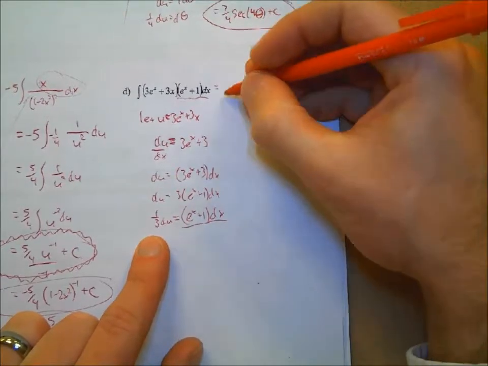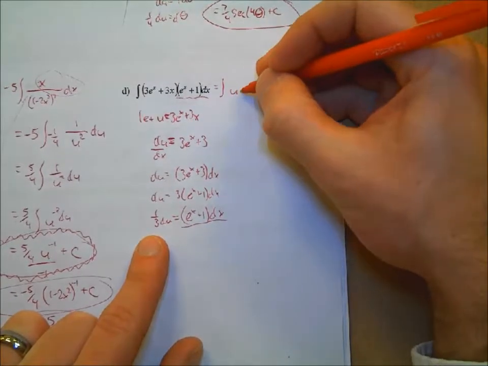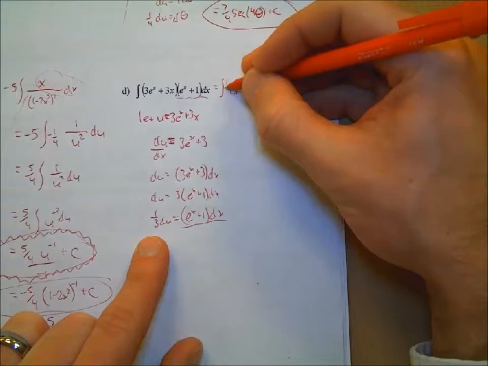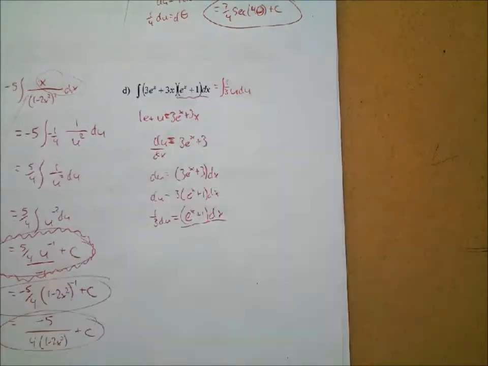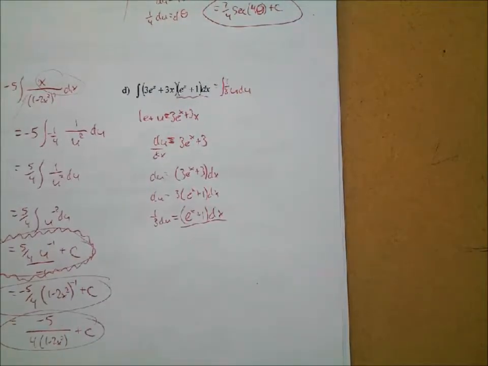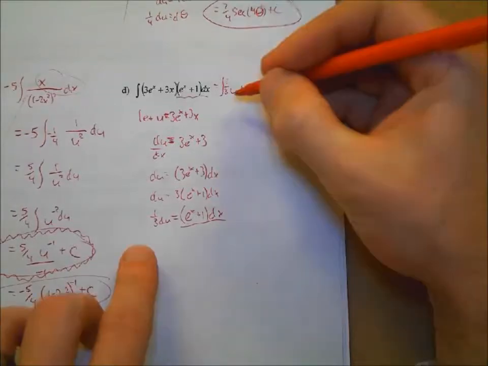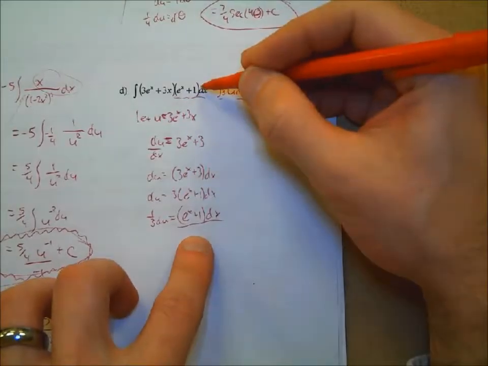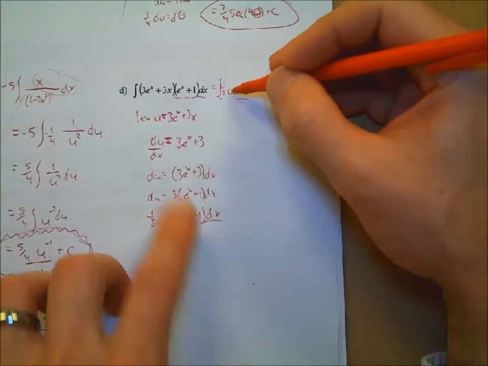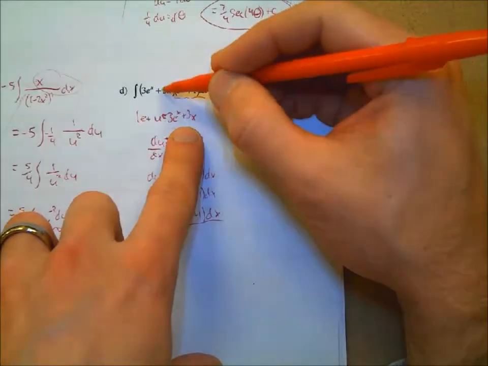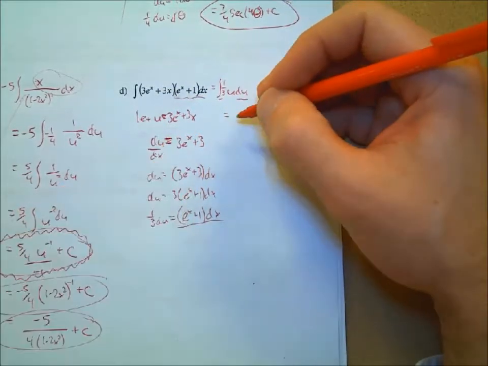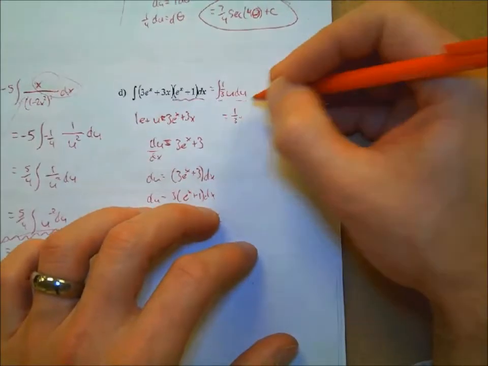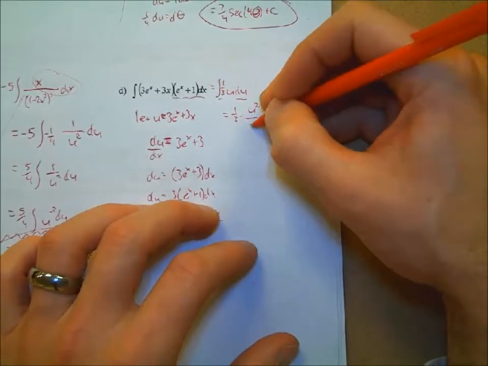So it's the integral of 1/3 u du. There's our 1/3 du, which we substitute in place of the e to the x plus 1 dx, and u is 3e to the x plus 3x. So we have 1/3 times the integral of u, which is u squared over 2 plus c.